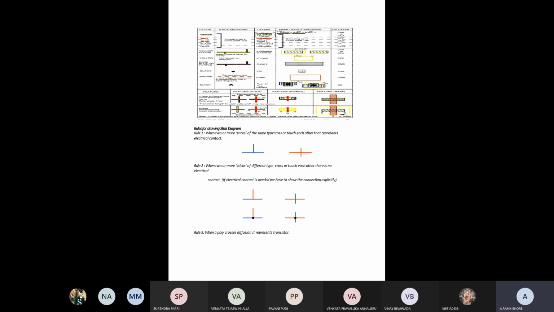The P diffusion material will be represented with yellow color, and by a combination of polysilicon and yellow, whenever those two colors cross each other, we can say that is the p-type MOS transistor.